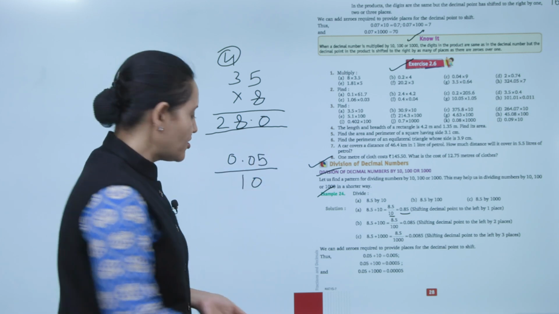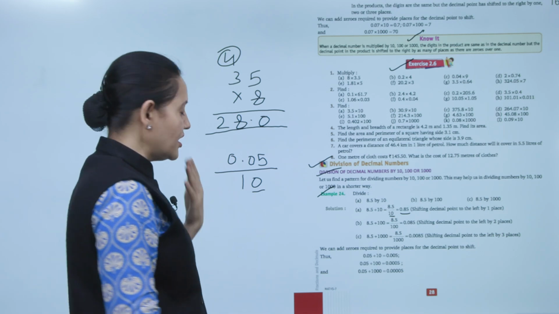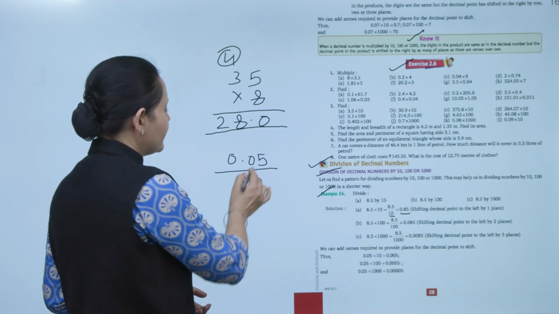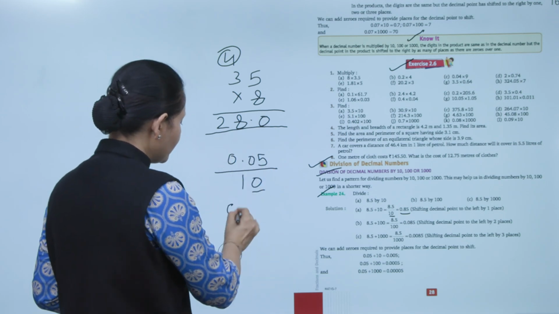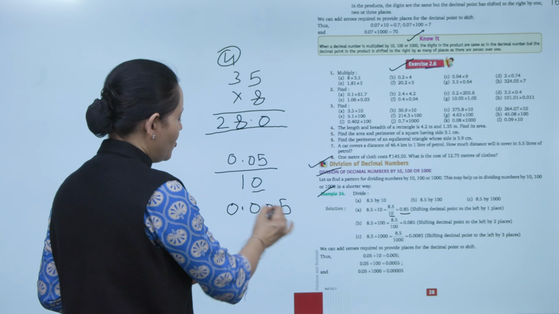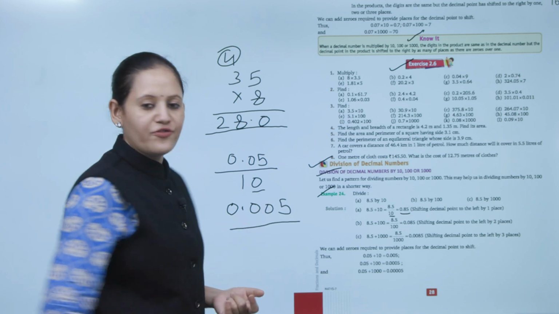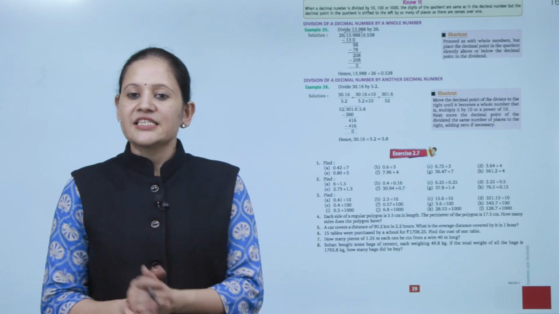So there is 1 zero in the denominator. So the decimal point will shift 1 place to the left. There are 2 digits, 1 place और करना है. So we'll place 1 more 0 here. So that is equals to 0.005. Clear?